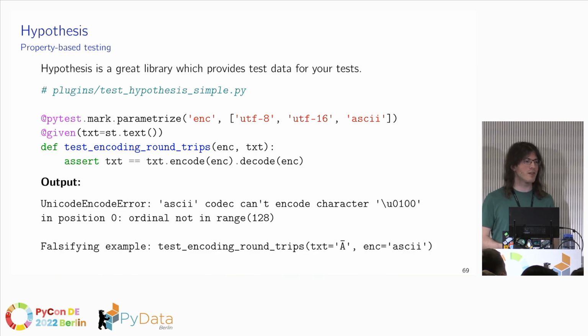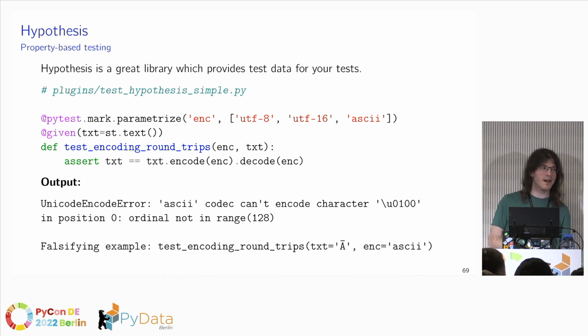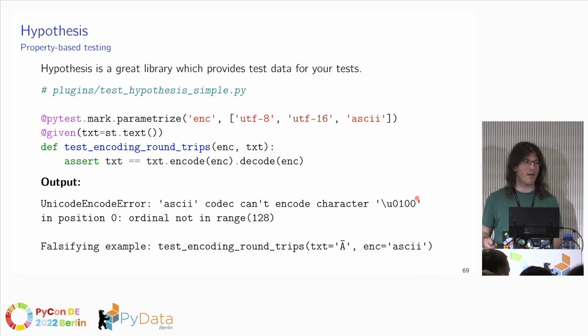Hypothesis runs your tests with a couple of hundred examples, and when it finds a failure, it tries to minimize the example to give you the simplest data failing your test. So here it says, with the ASCII codec configured, this character, which is exactly one position over ASCII, the first character in Unicode which isn't representable in the ASCII encoding, which is basically just US characters.